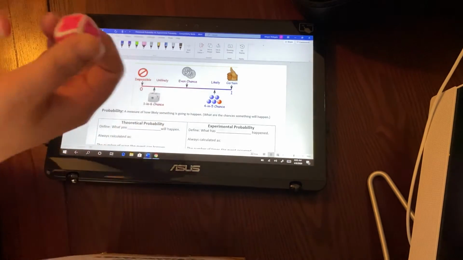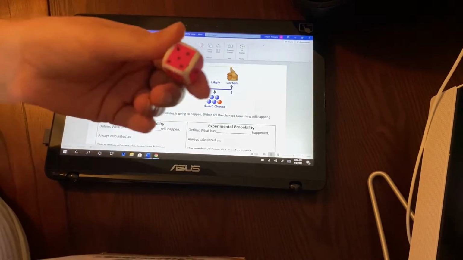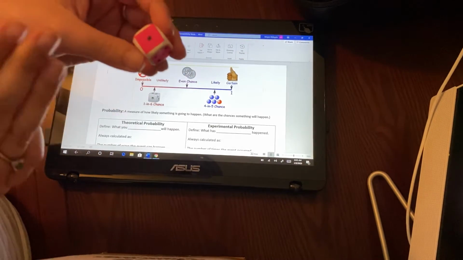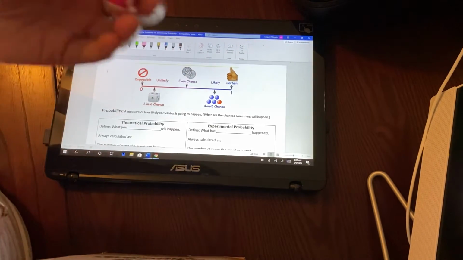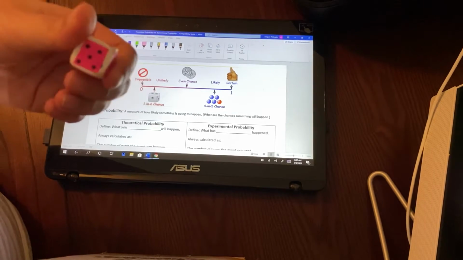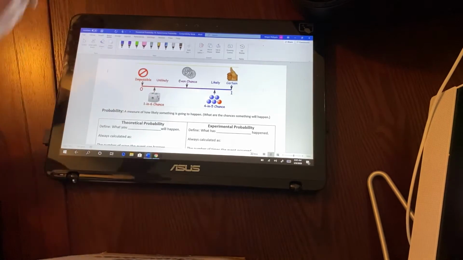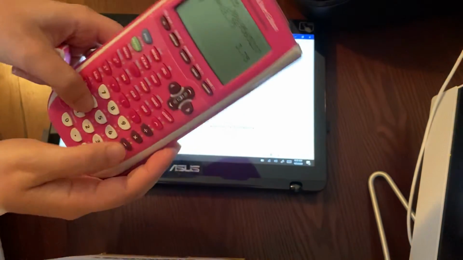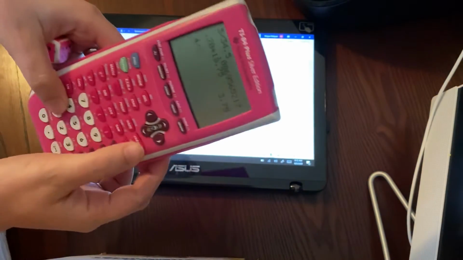However, if I was to say, what are the chances I'll roll a number 1 out of 4? So 1, 2, 3, or 4. Well, that's 4 numbers that I could roll out of a total of 6. So 4 out of 6. 4 out of, we know, means to divide.